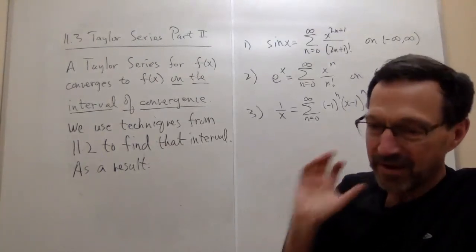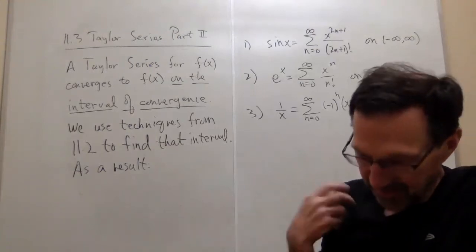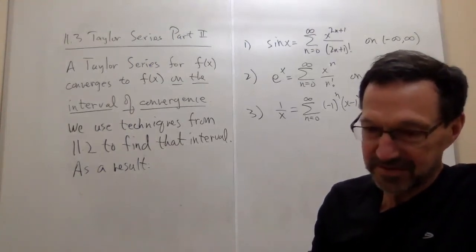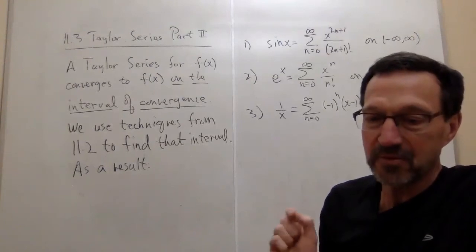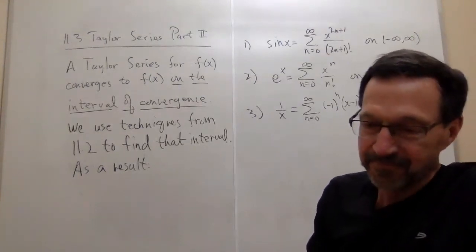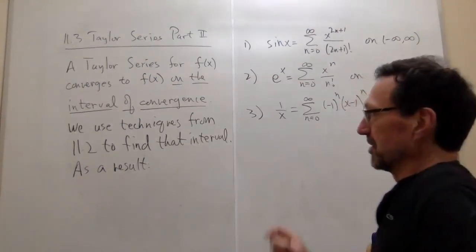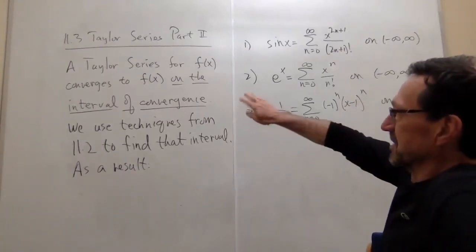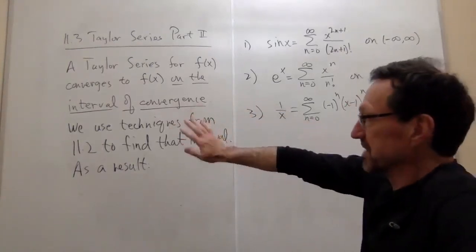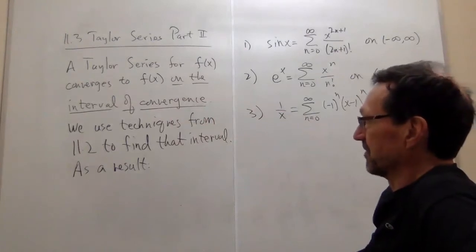That is, what are the x values for which what we just found, the Taylor/Maclaurin series, really makes sense. Okay, and so because they are power series, and we did Section 2, we know how to find the interval of convergence.